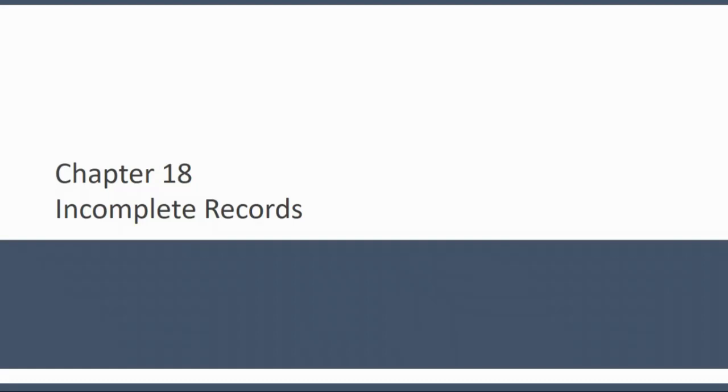So in such a situation, the accounting records are never complete because you don't have a proper accounting department functioning. It means that all of the information is not properly recorded. They do record some information, but it is not complete, and therefore we call it incomplete records.